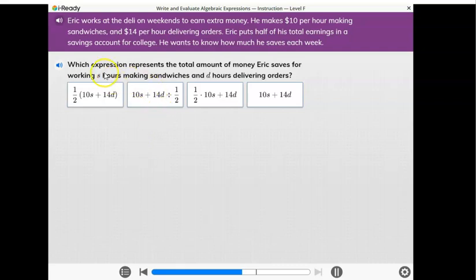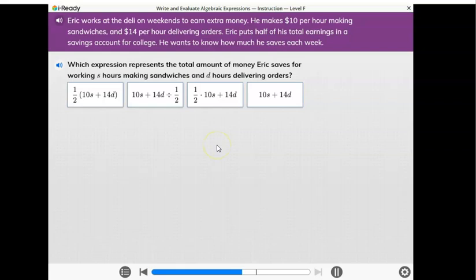So when we're looking here, we have S for making sandwiches, D for delivering orders. Those are our 2 variables that we're working with. We know that with the sandwiches, it's $10 per hour. So 10S, okay. And then $14 for delivery, 14D, okay.